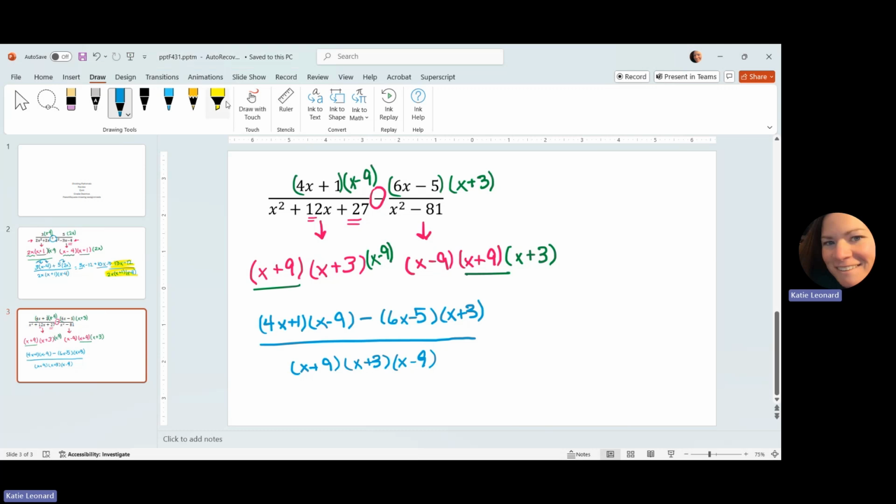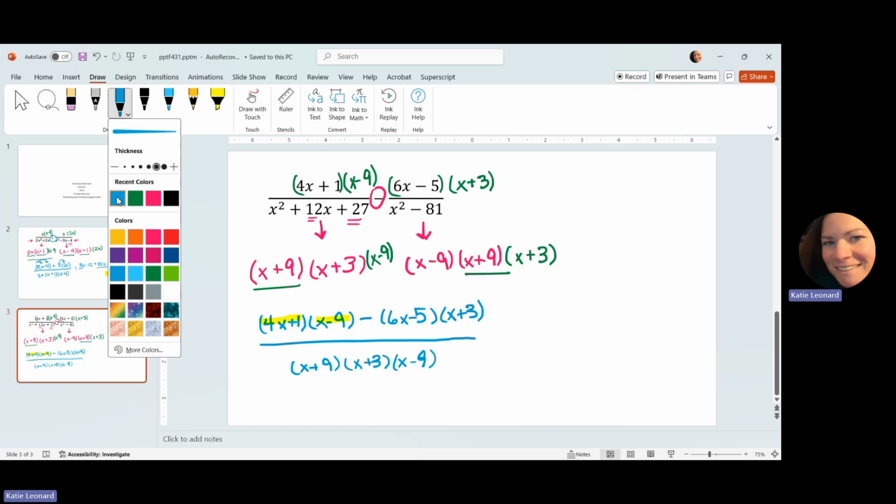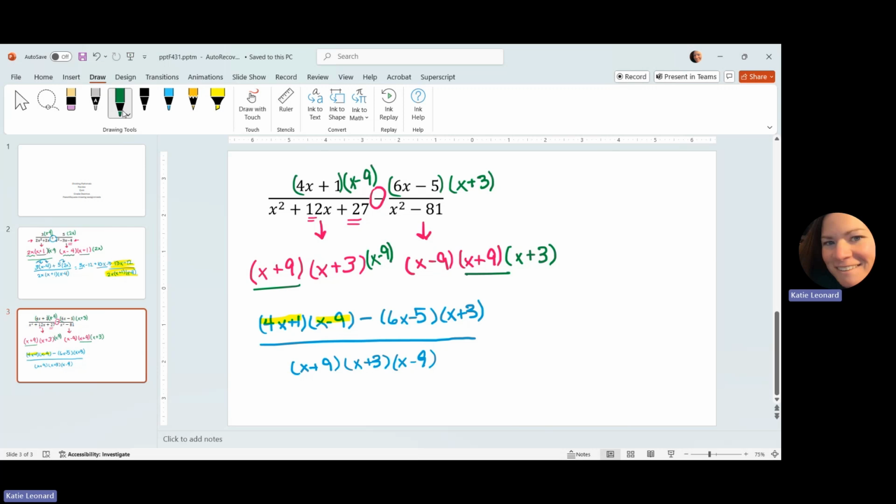So we can multiply this binomial by this binomial. You could use the tabular method, you could use FOIL, you could use distribution, whichever method you are personally comfortable with is okay. I'm going to FOIL it.